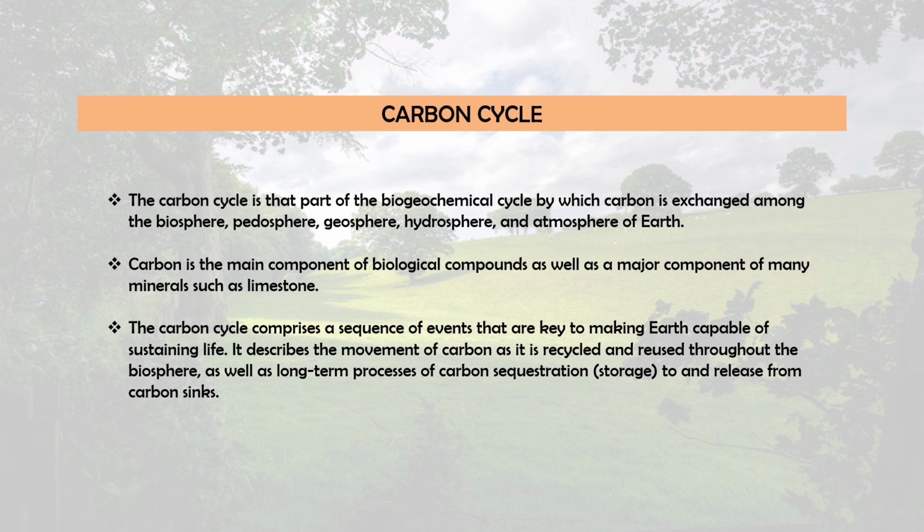But the slow carbon cycle, which is also called the geological cycle, can take millions of years to complete, moving substances through the Earth's crust between rocks, soil, ocean, and atmosphere.